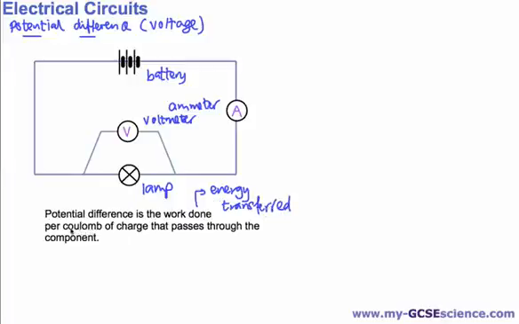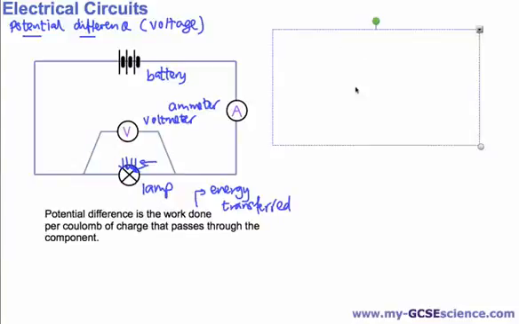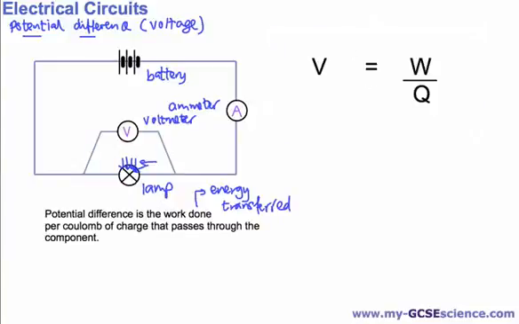So for every coulomb that passes through this lamp, there's a certain amount of energy that's transferred to the lamp to make it light up, and that amount of energy is called the potential difference. Okay, so here you can imagine there's coulombs of charge flowing through. They are passing energy to that lamp to make it light up, and that amount for every coulomb is the potential difference.